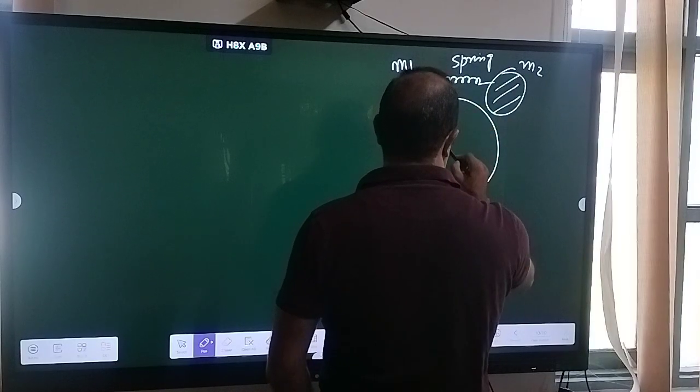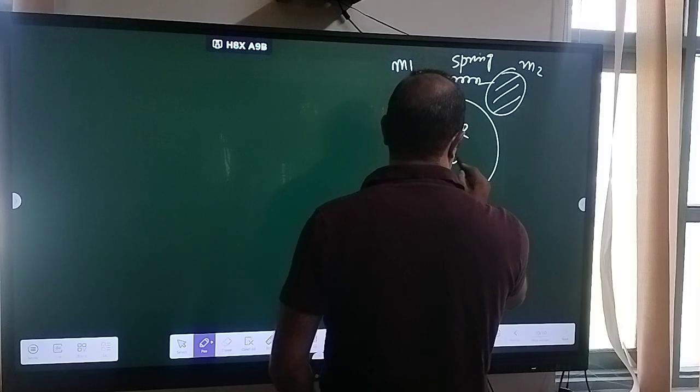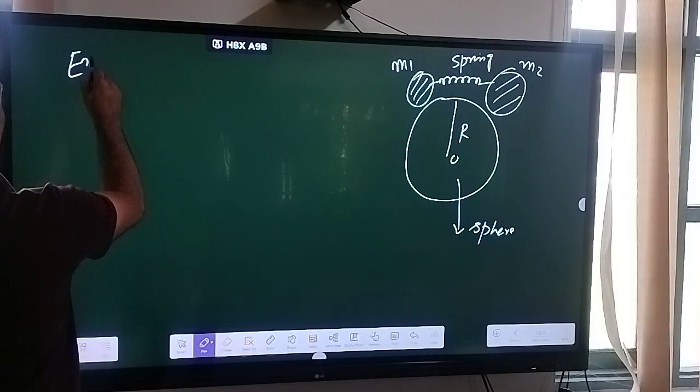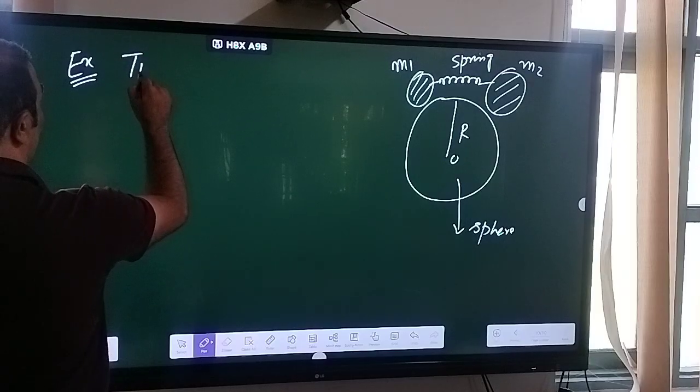These are connected by a spring and this is radius r.